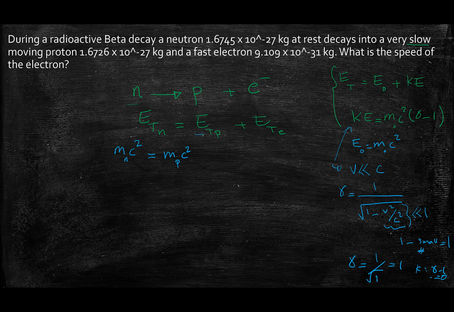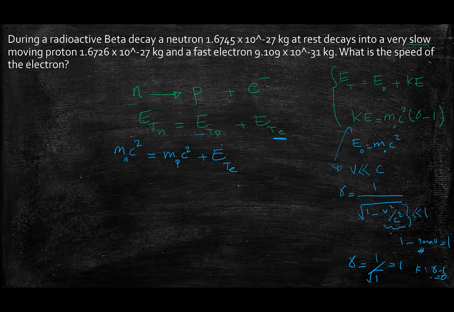But now when I look at the high-speed electron, I need to take into account both. So for that I'm going to leave it as the total energy of the electron first, and then continue solving.